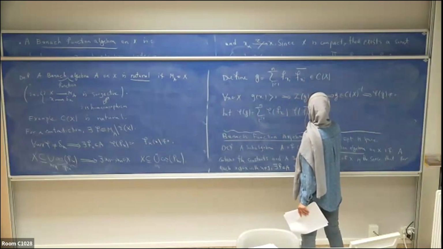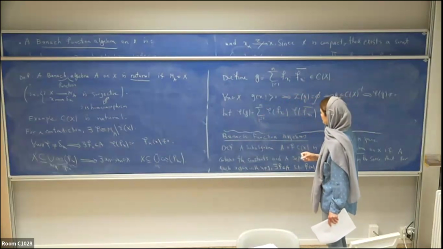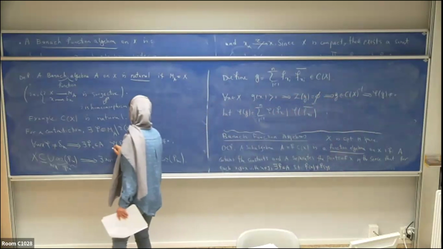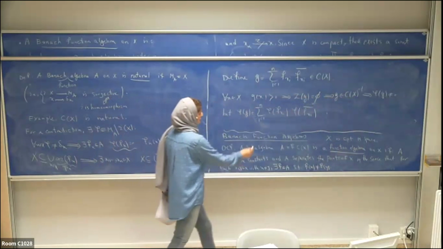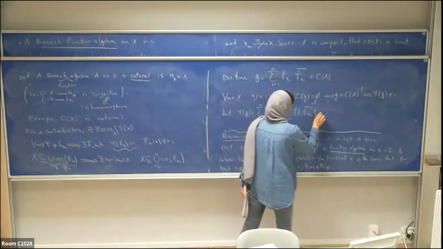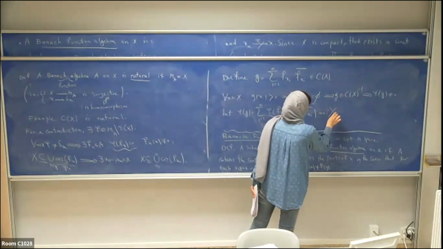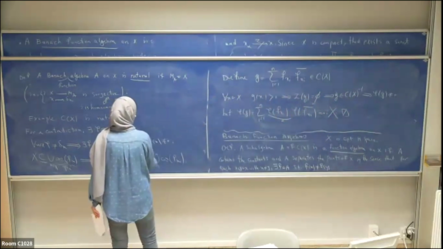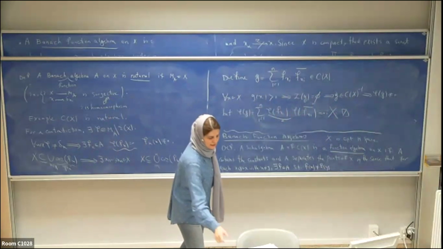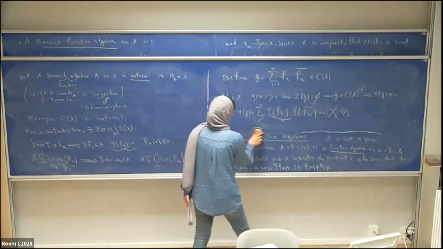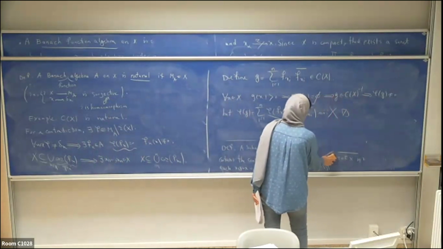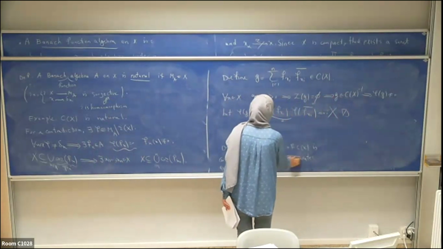And phi of f of xi is 0, and then this summation is 0. This contradiction shows that we have surjectivity. So C of X is natural. M of C of X is just X.